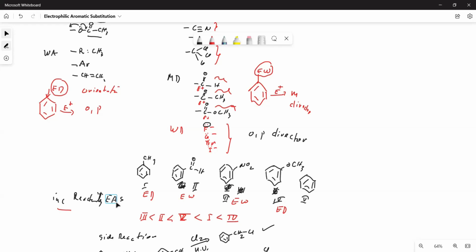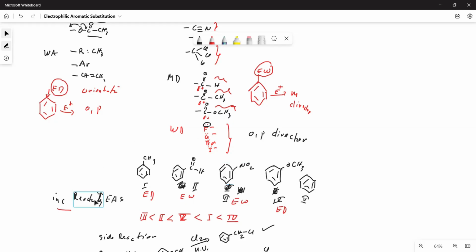Because we know that electron donating groups are more reactive. So methyl is electron donating. Methoxy is electron donating. So they are more reactive to electrophilic aromatic substitution. While the aldehyde is electron withdrawing, nitro is electron withdrawing. So they are less reactive.